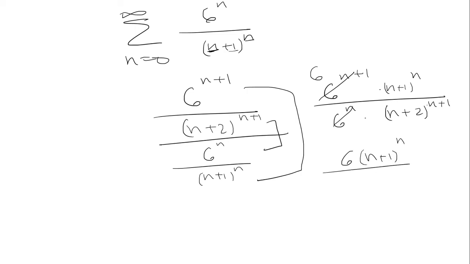And I'm going to split this up into n plus 2 over n plus 2 to the n. So now they have the same exponent. And so I can bring it all in the same exponent. So that would just be n plus 1 over n plus 2 to the n.